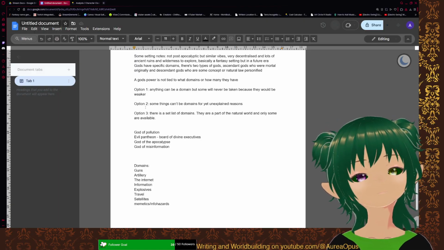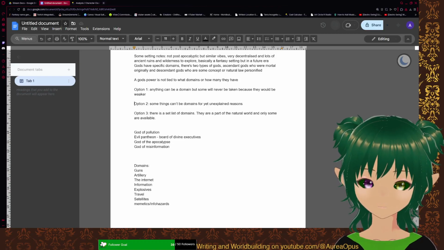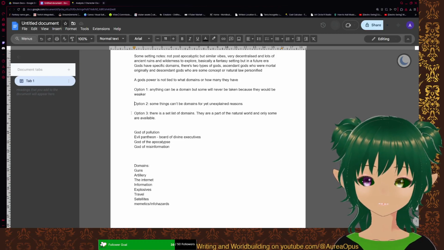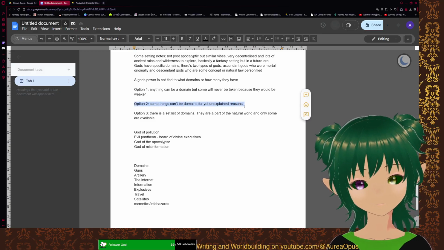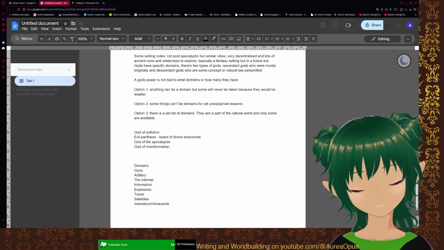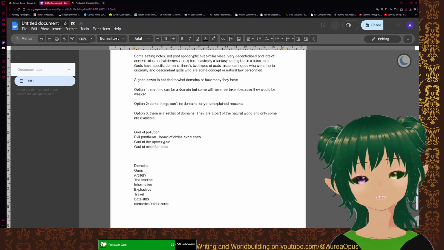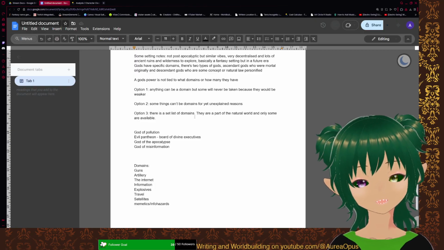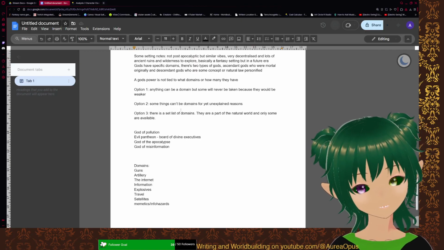I do believe that option 2 and 3 are two different ones, even though they seem very similar, because I feel like option 2 comes with the expectation that there will be an explanation. We will have to come up with a reason for why we can't take the fence post domain.